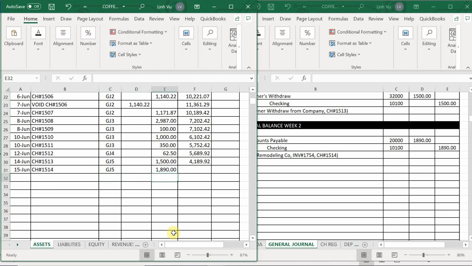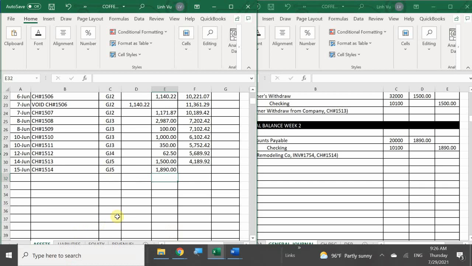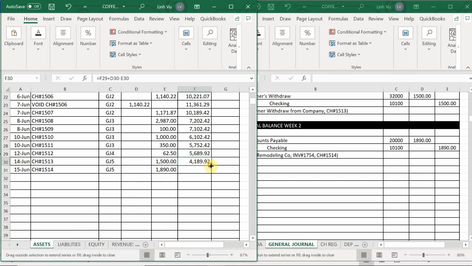So then what's my total balance right now? 2299.22. Good. Now that we're done with the checking account, which account is next?